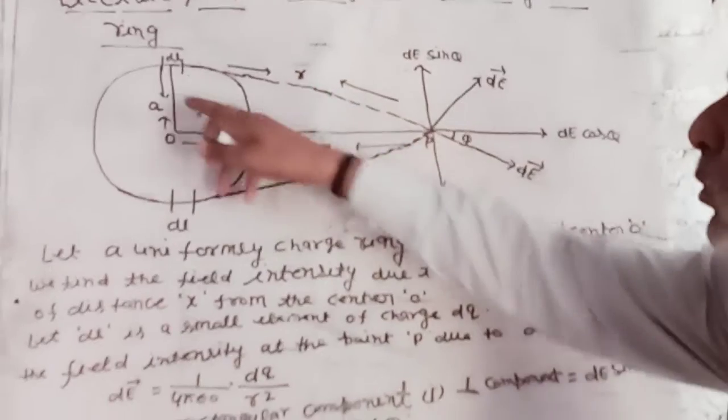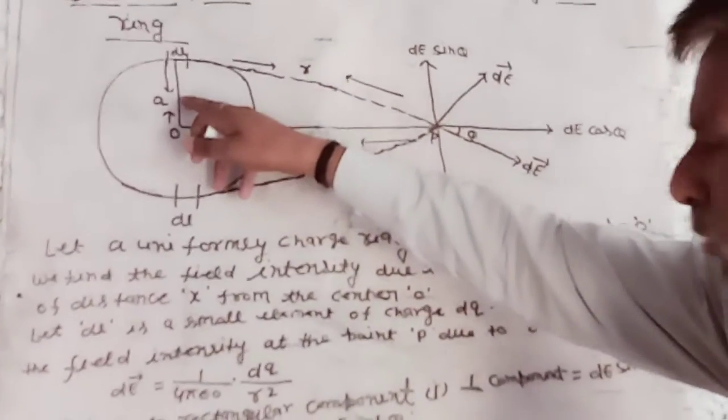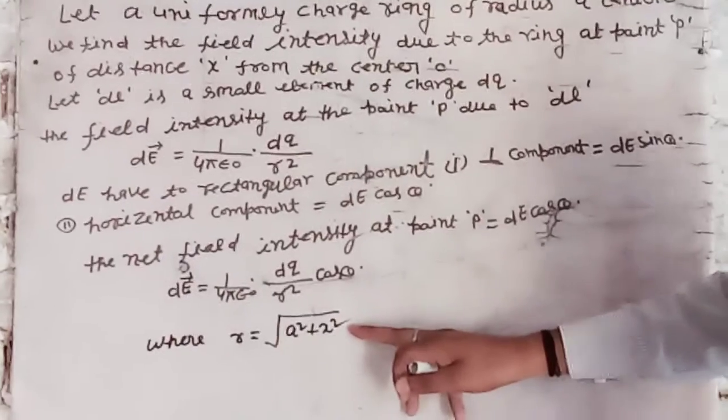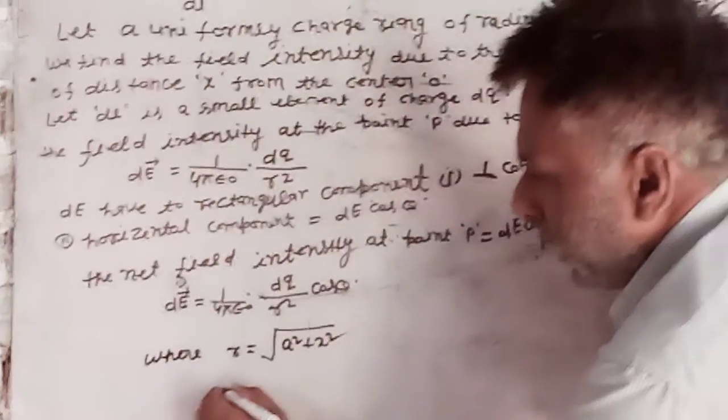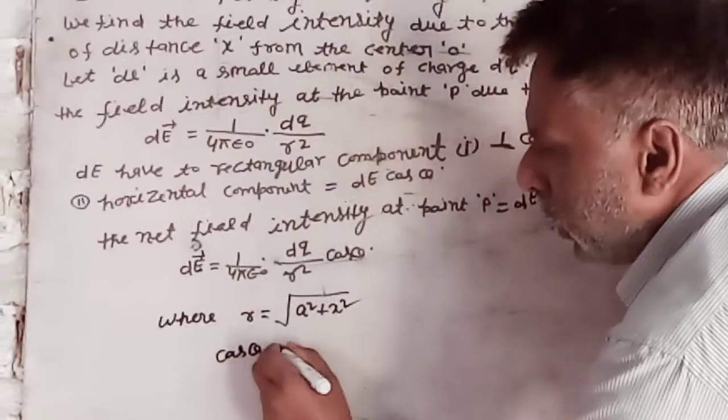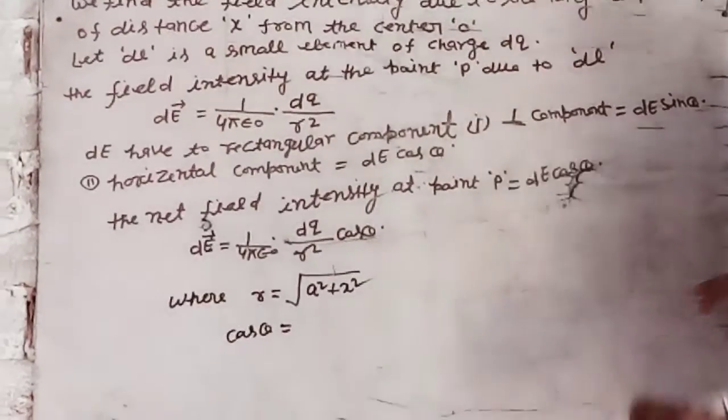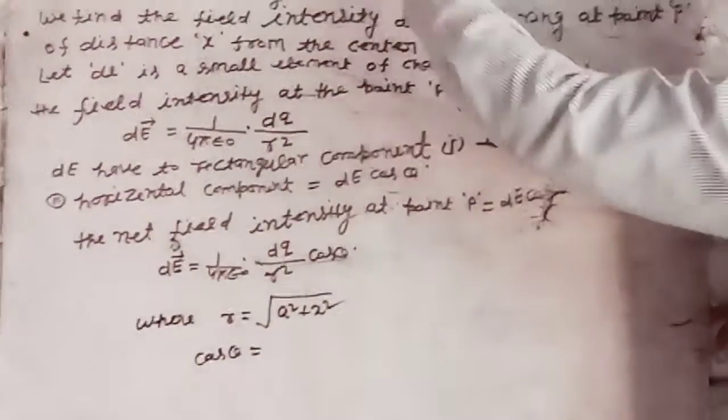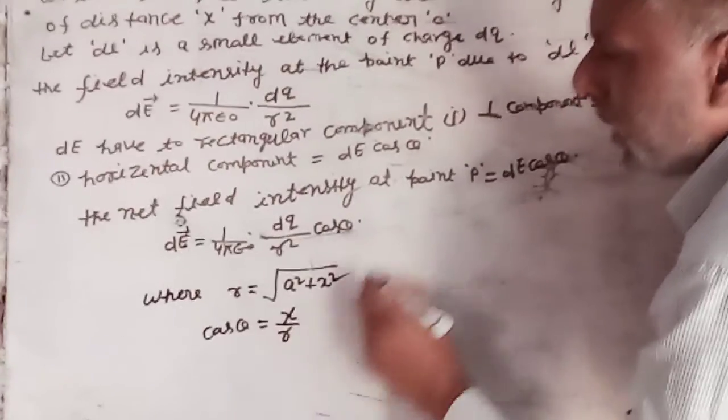Hypotenuse square is equal to base square plus perpendicular square. r is equal to under root a square plus x square. Cos theta is equal to base upon hypotenuse, so base x and hypotenuse r, x by r.